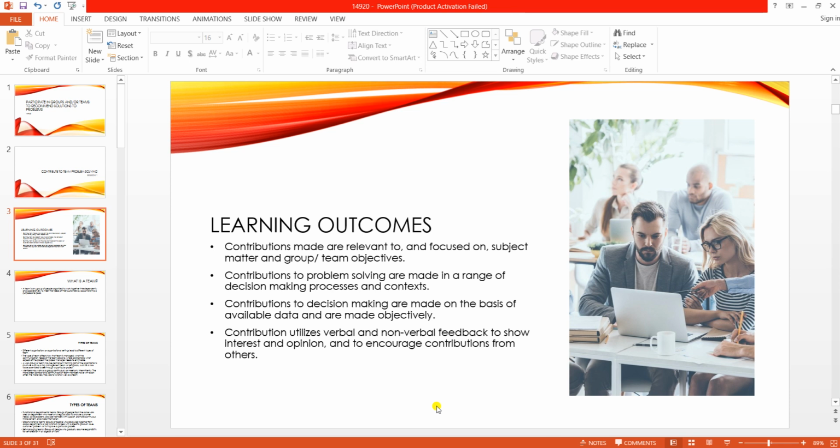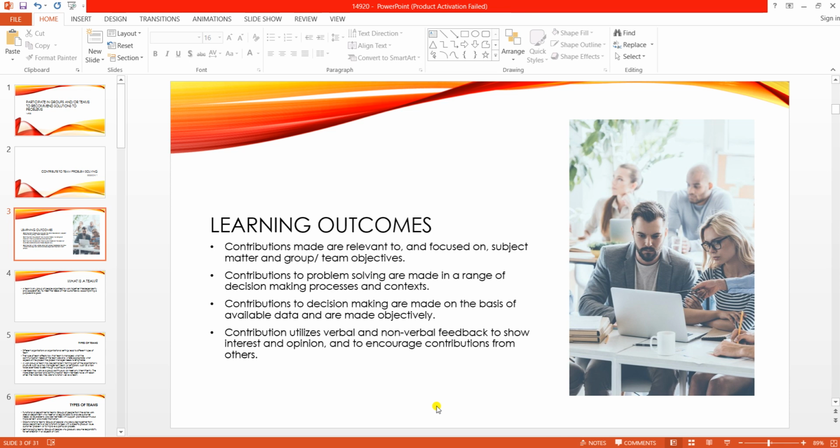So in every team, we need to have team objectives, and contributions are made by the team members. So we'll look into the elements that are in there in terms of the team members, what the objectives are that need to be done by the members, and also we need to look at the contribution to problem solving, which are made in a range of decision making processes and contents.